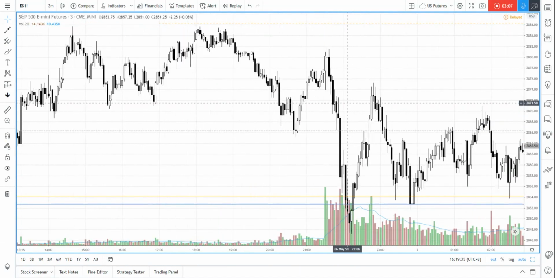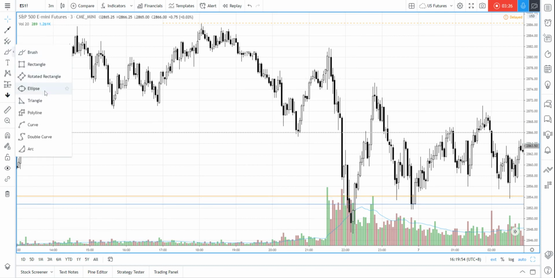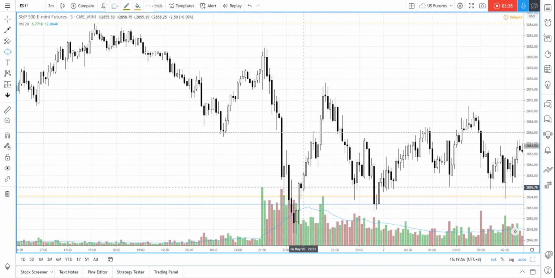As I mentioned in my video yesterday, I talked about 2850 for a potential long entry if it bounces up from there. So this is one of the setups that I would like to see. Let me just highlight this. Okay, so this is 2850.